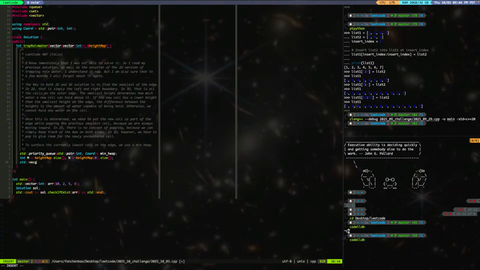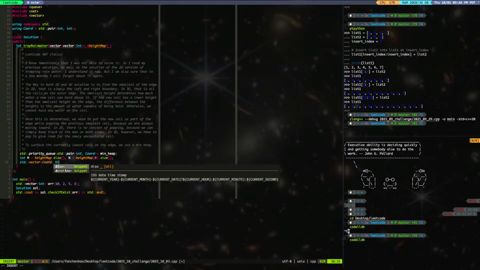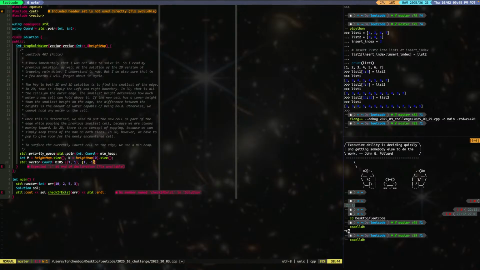Std vector of coord dirs: 1, 0, -1, 0, and then 0, 1, 0, -1.